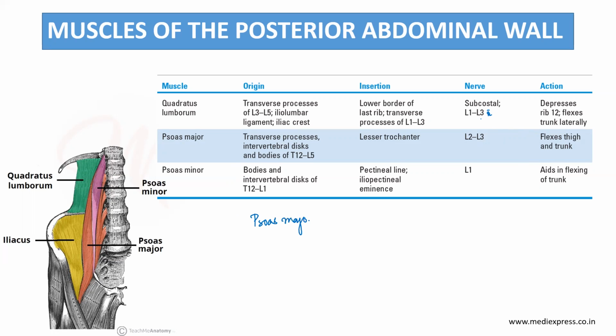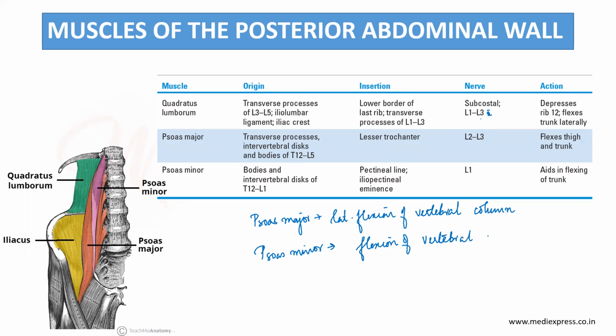Psoas major helps in the lateral flexion of vertebral column, whereas psoas minor will help in flexion of vertebral column. One is just a lateral flexion, the other one is complete flexion.